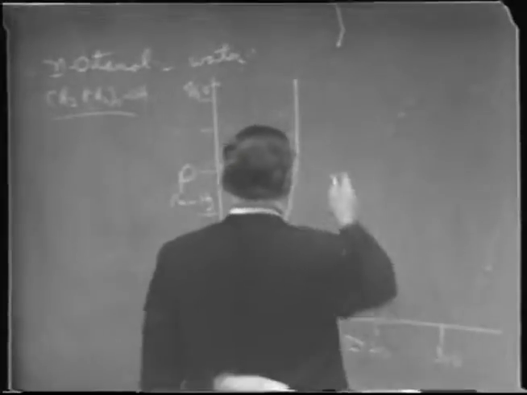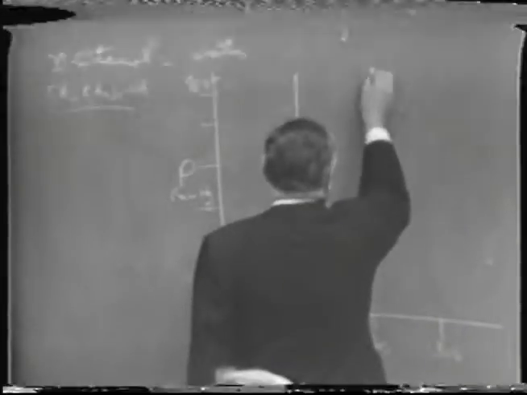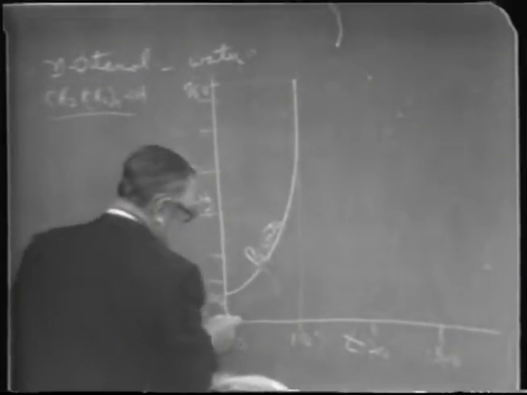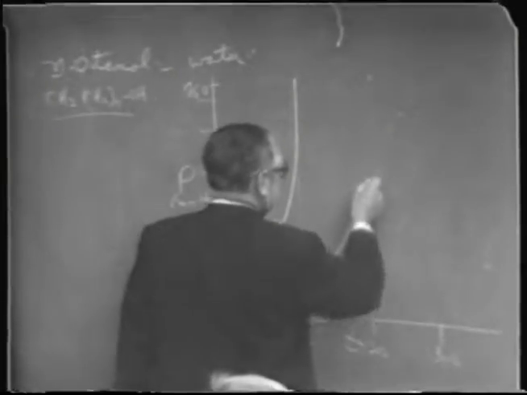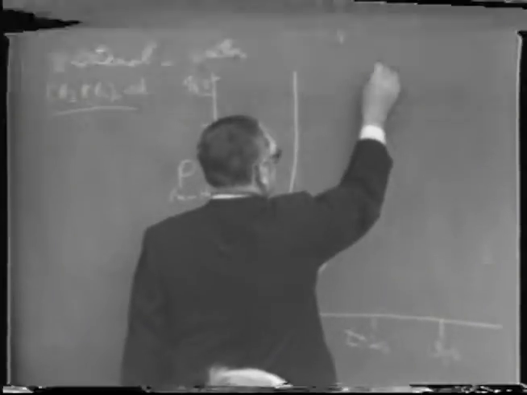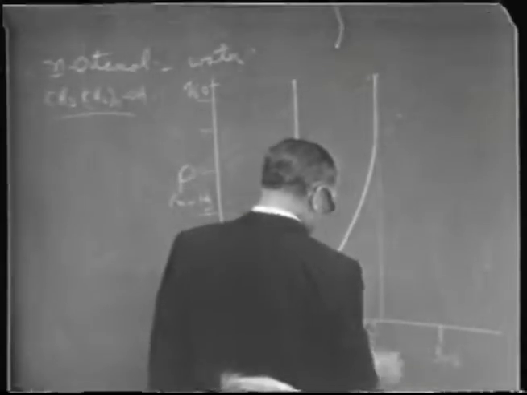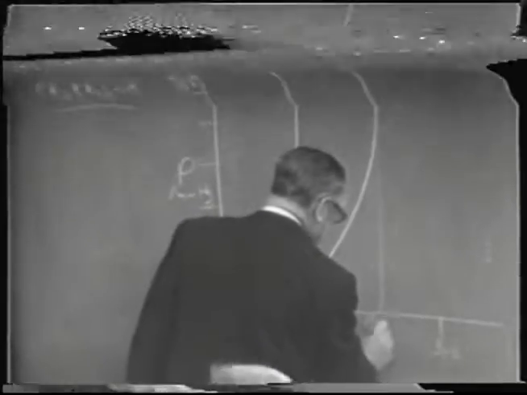But anyway, let's assume that's correct. That is going to boil at some temperature like this. It has very low vapor pressure at 50 degrees, but it'd come up to some value like so. Let's say that's 100. I didn't draw that very well, but let's call that 165 degrees centigrade.